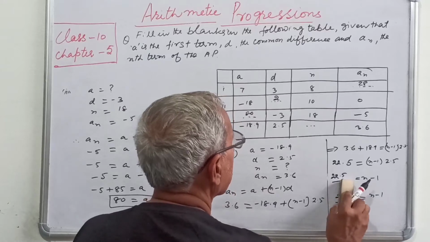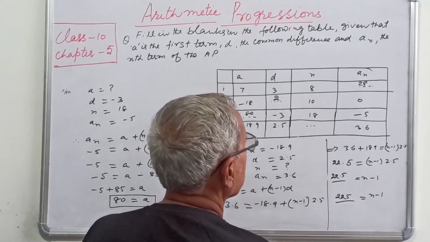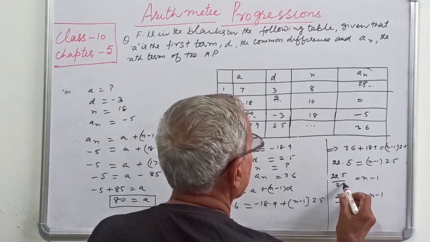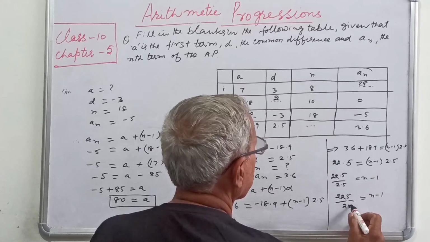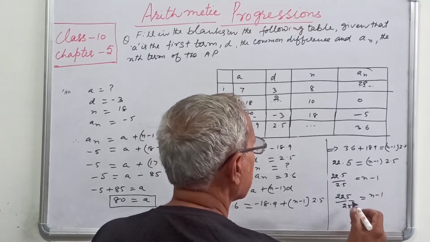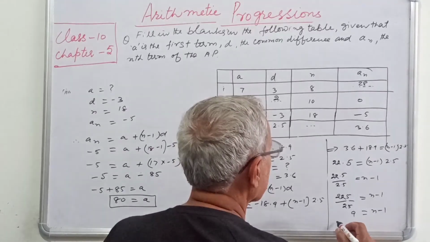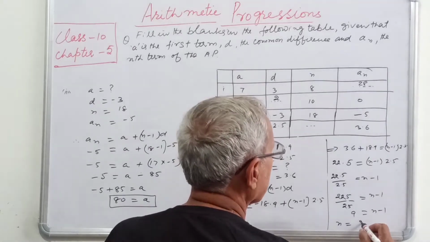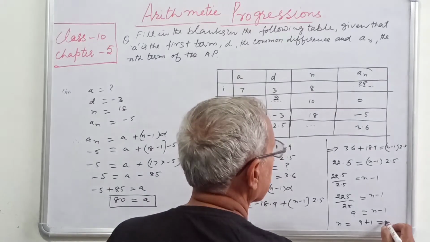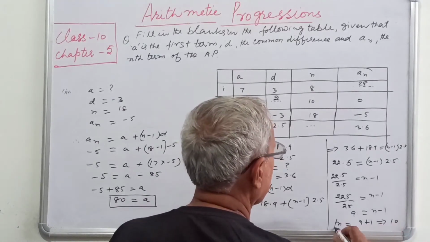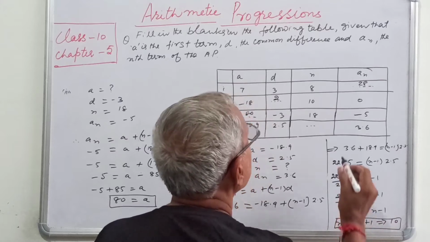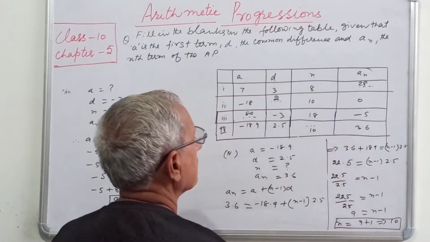So it will be divided by 2.5, 225 upon 25. तो 25 से इसको डिवाइड किया आ गया 9 इज इक्वल टू n माइनस 1. सो वैल्यू ऑफ n इज इक्वल टू 9 प्लस 1 दैट इज इक्वल टू 10. सो ये वैल्यू आई 10.